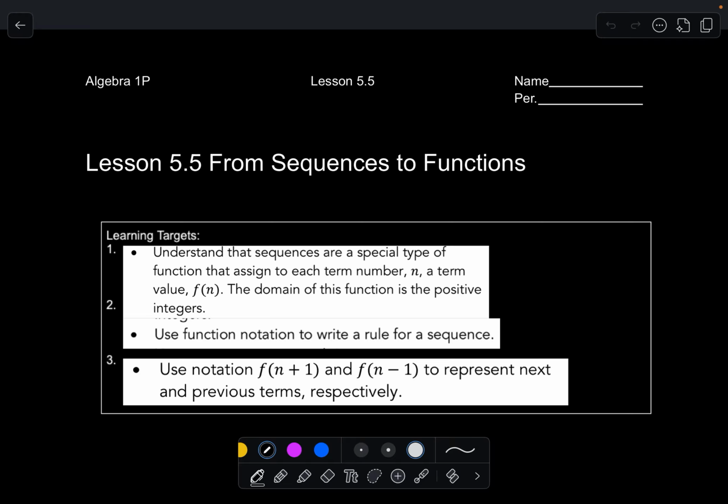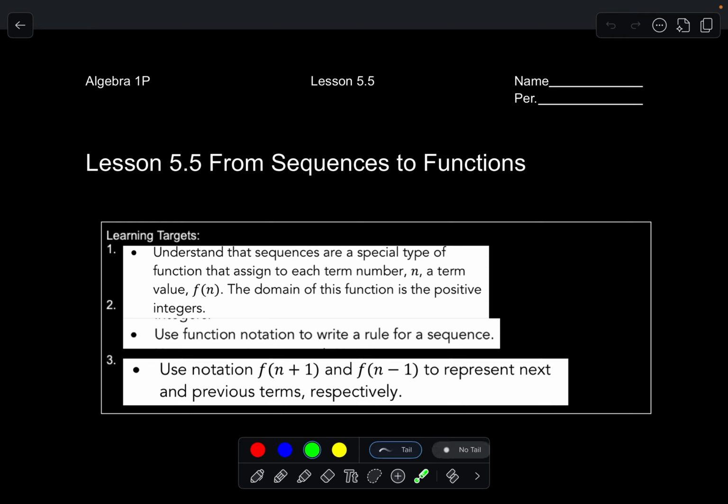What this lesson is about is relating the idea of a sequence, which we've seen, right? It's just an ordered list of numbers. How we can relate that to this concept of a function, where each input goes to only one output.